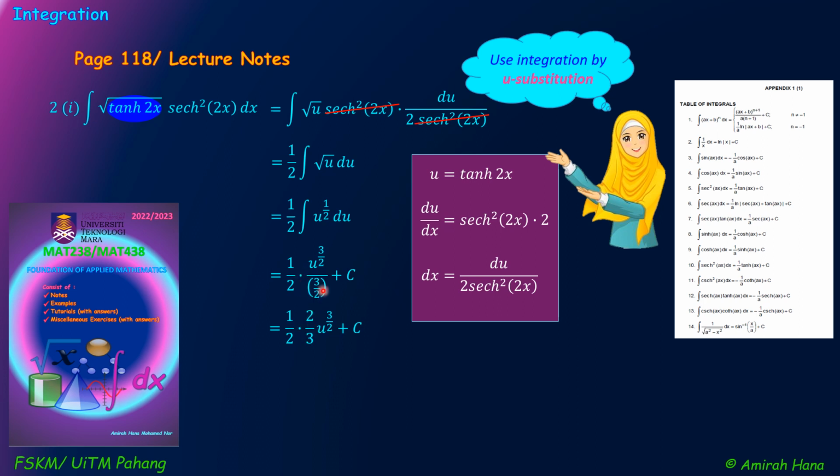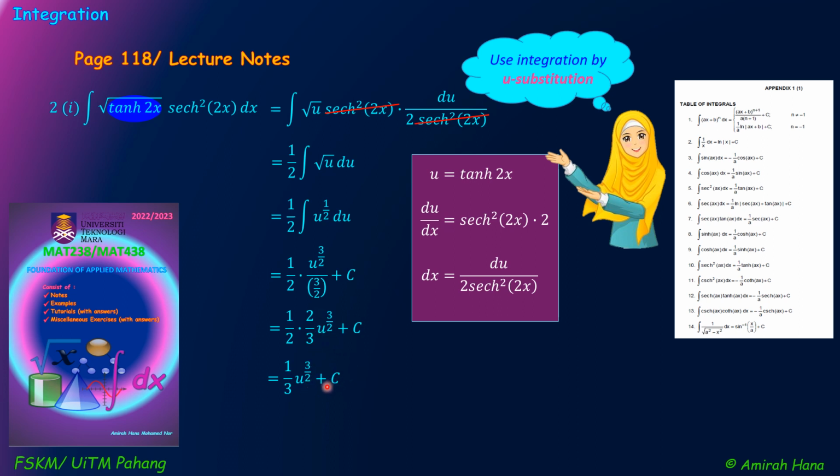Kita exchange 2 and 3 here, so we got times 2 over 3, and then u to the power of 3 over 2 plus c. Lepas tu kita boleh simplify 2 from numerator here and 2 in denominator here. Then we got 1 over 3 u to the power of 3 over 2 plus c.